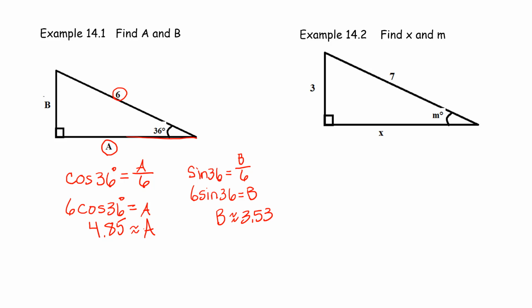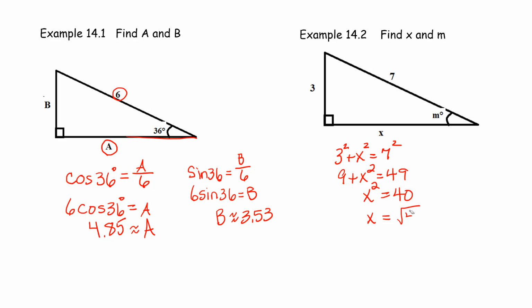All right, on the next example, you want to find X and M. Okay, so to find X, I'm just going to use the Pythagorean theorem. That's fine. 3 squared plus X squared equals 7 squared. So 9 plus X squared is equal to 49. Subtract 9, X squared equals 40. Take the square root on both sides. You don't need plus or minus because this is the length of a side. It's got to be positive.